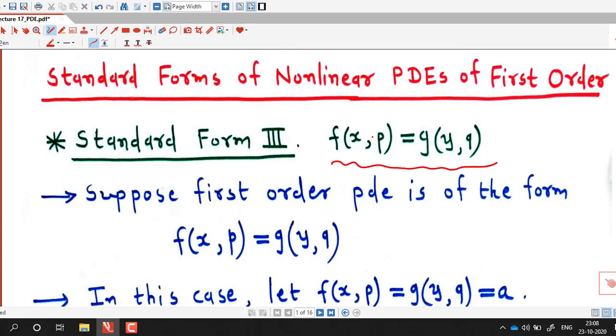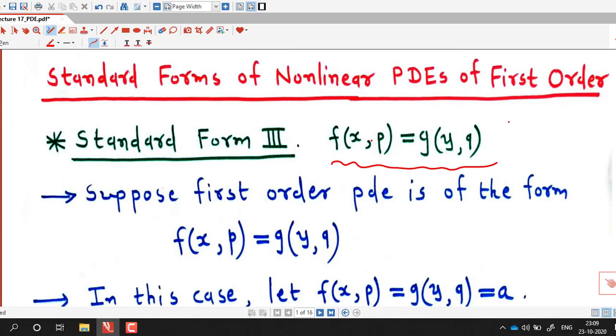that on one side we have terms containing x and p only, and on the other side terms containing y and q only. That is, we can write our partial differential equation in this form: function of x and p equal to function of y and q.